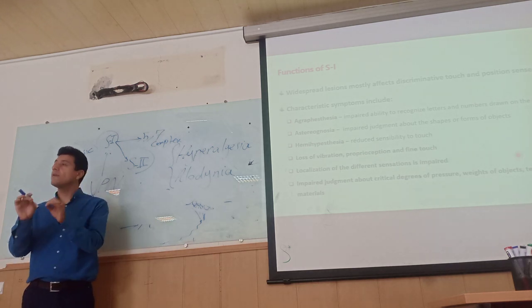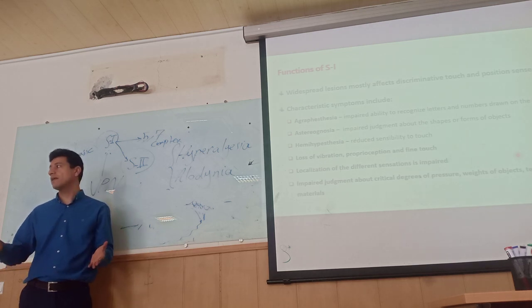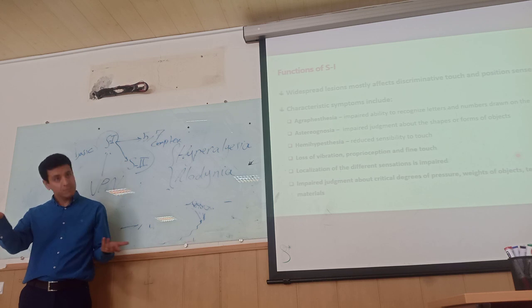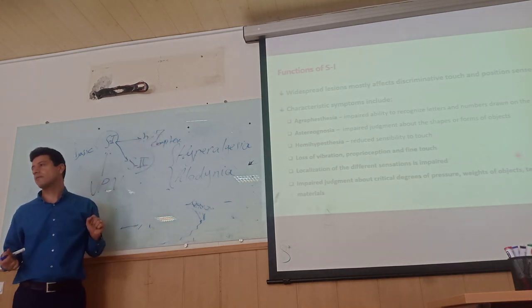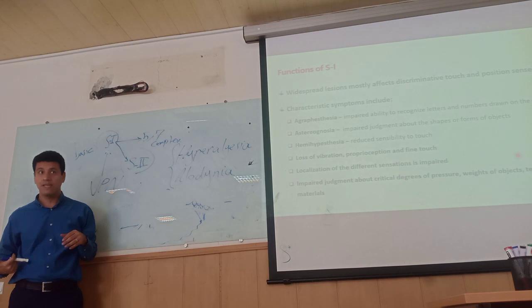The patient is able to say the texture, the temperature. So for example, he can say if this object is hot or cold, okay? But the complex feature is lost. The patient is not able to say the form of the object. Stereognosis again happens here, right?